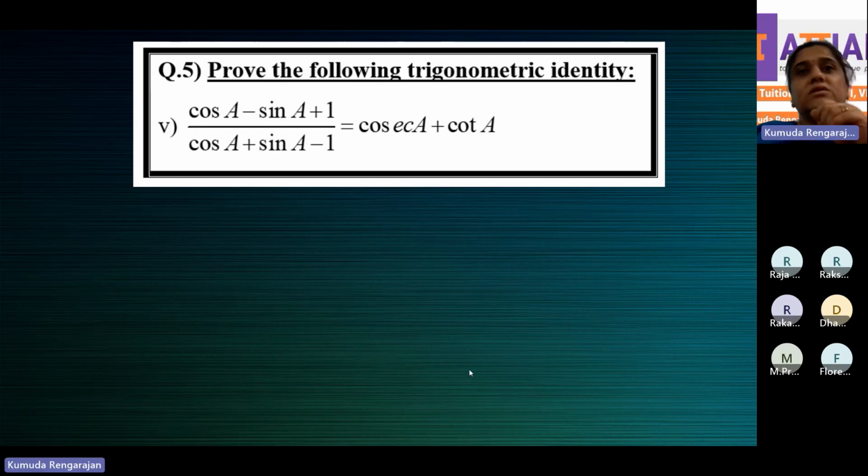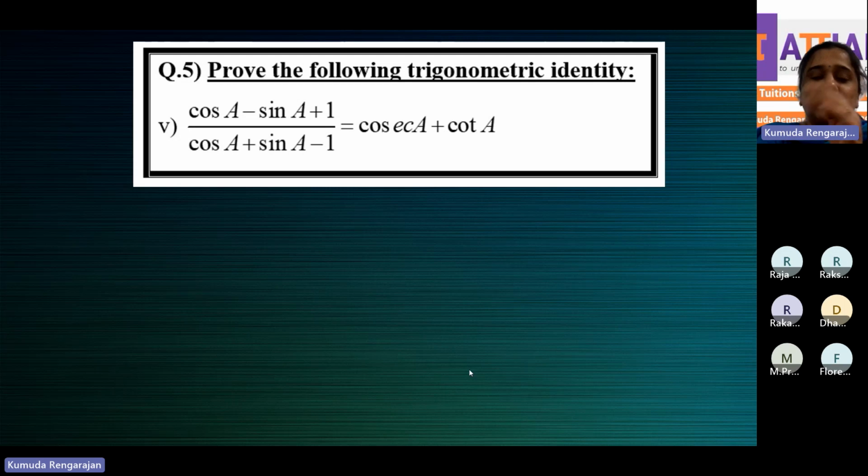Now, a similar identity we had proved earlier. I told you, if one side of the identity, maybe the LHS or the RHS, but mostly it is the LHS, is made up of cos theta, sin theta, and 1, then you need to divide the numerator and the denominator either by sine theta or by cos theta.